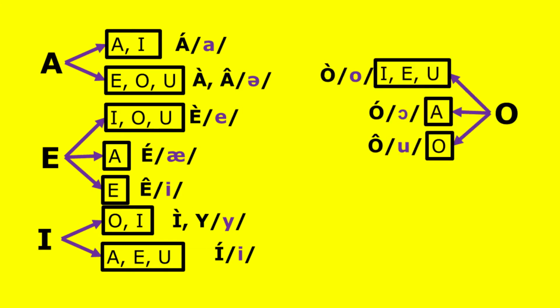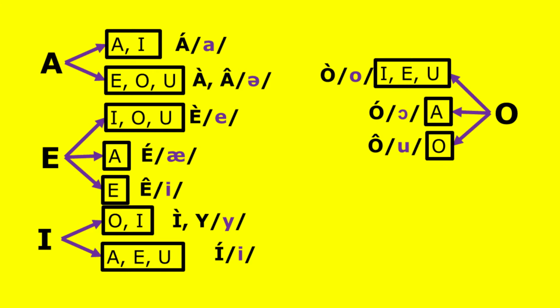I'll explain later about Y and I grave. With A, E, and U, it's gonna sound like normal E. And you're supposed to use an acute.